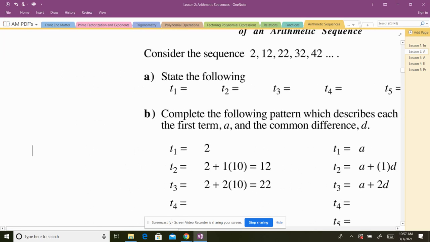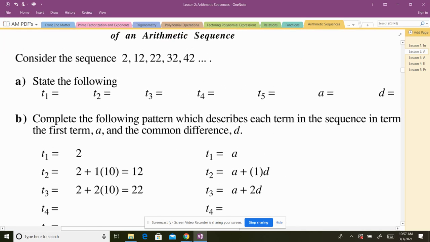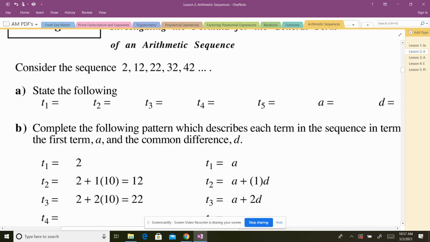Let's look at this sequence here. First term is 2. So T1 is 2, right? Second term is 12, which is 2 plus 1 times 10.